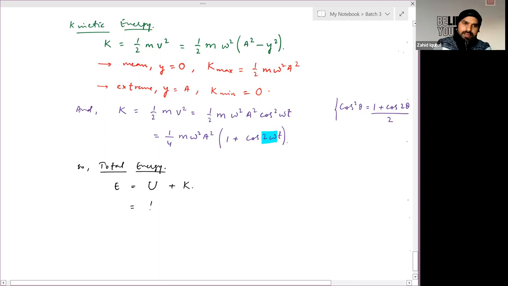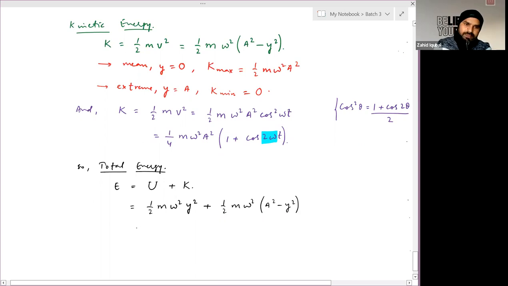Potential energy is half m omega squared y squared. Kinetic energy is half m omega squared (a squared minus y squared).